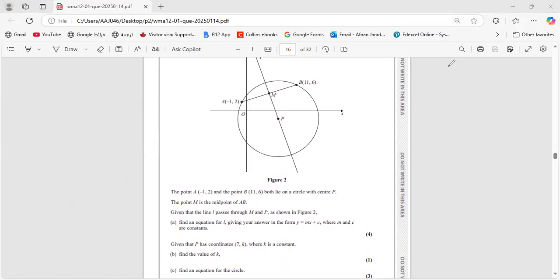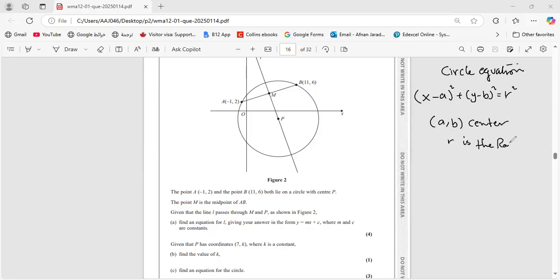To find the equation of any circle, the circle equation is in the form (x minus a) squared plus (y minus b) squared equals r squared, where (a, b) is the center and r is the radius. I have the center, point P, which is (7, negative 2).